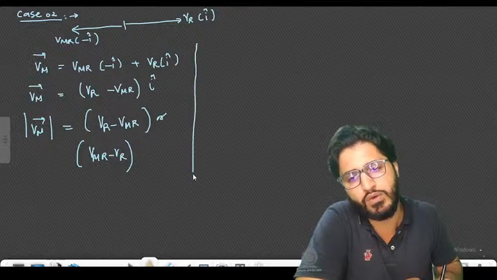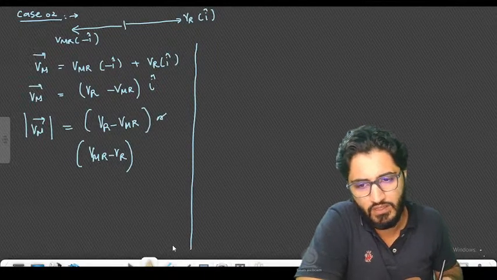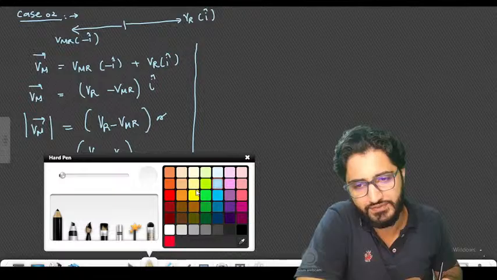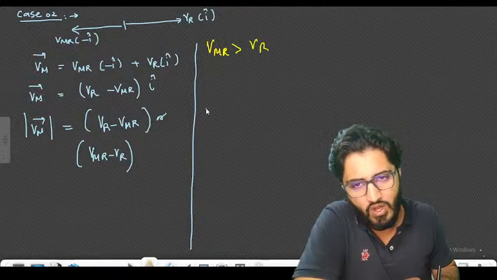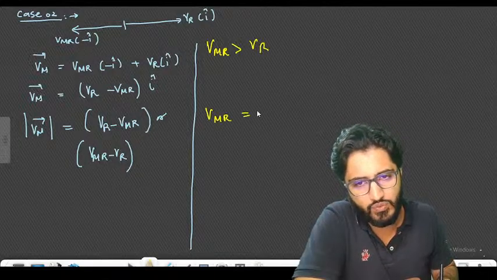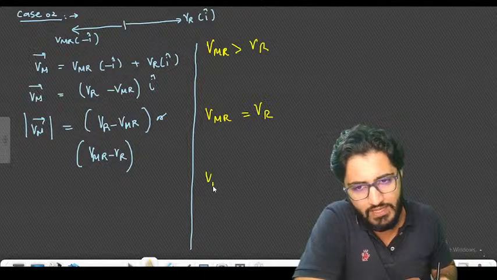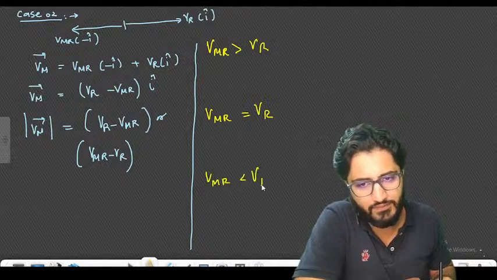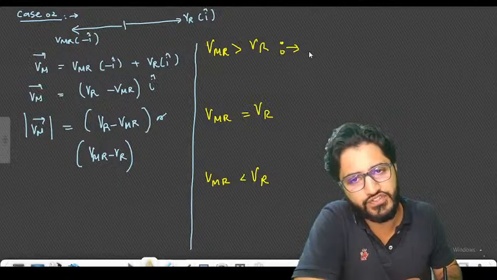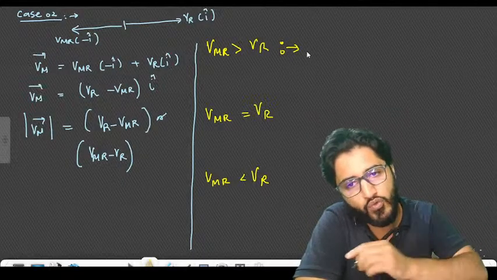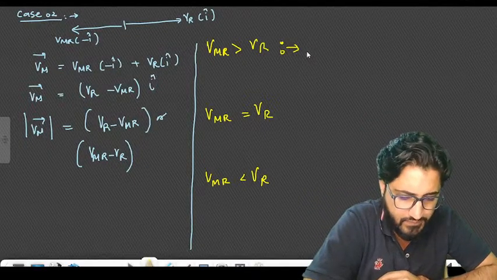Last time we discussed what the minus means. Now we have some specific cases. That means if vmr is more than vr, or if vmr equals vr, or if vmr is less than vr. If vmr is more than vr, the person will move opposite to the direction of the river.